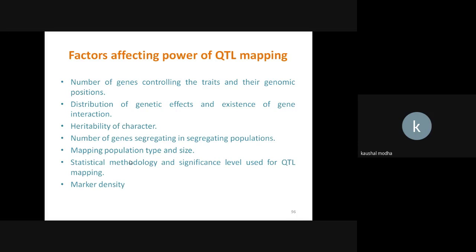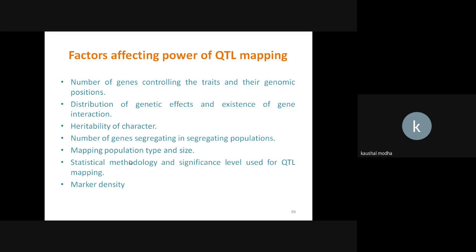Heritability of the character. Before going to the heritability, the more the epistatic interaction between the loci, the lower the power will be, because most of the methods available even nowadays cannot take into account all the epistatic interactions. Higher the heritability, there will be more precise estimation of QTLs.